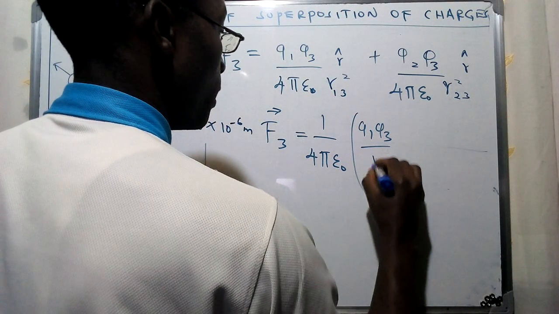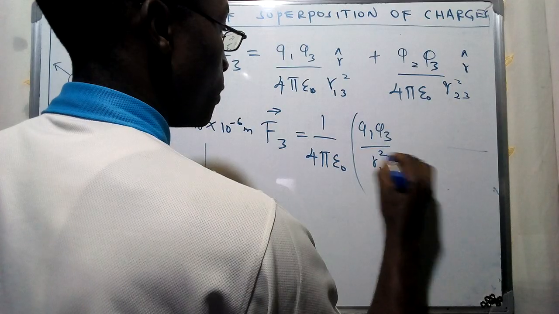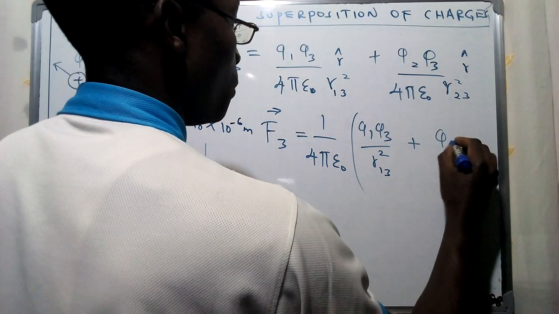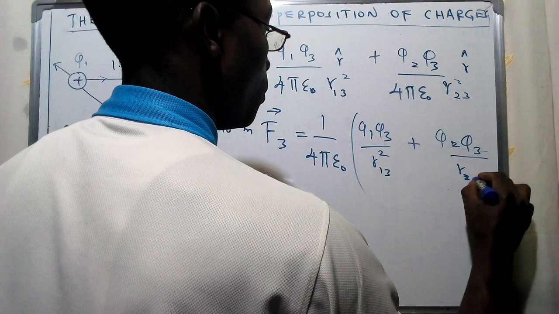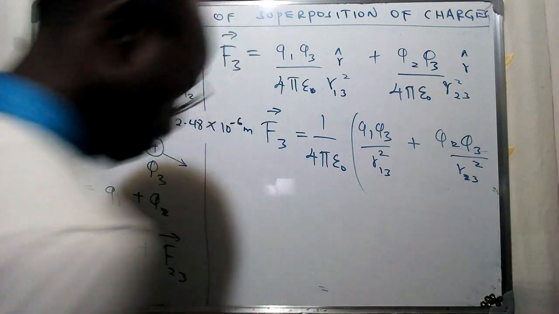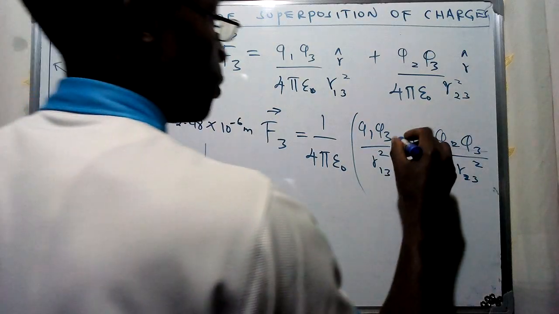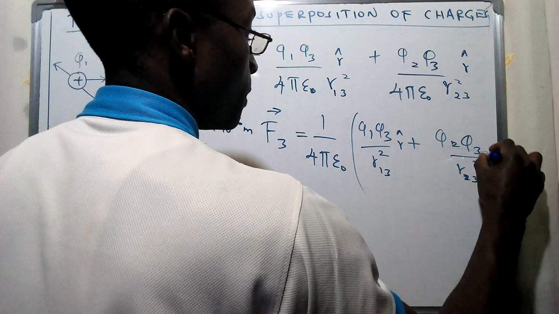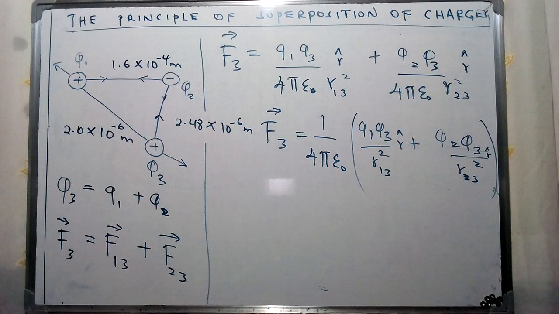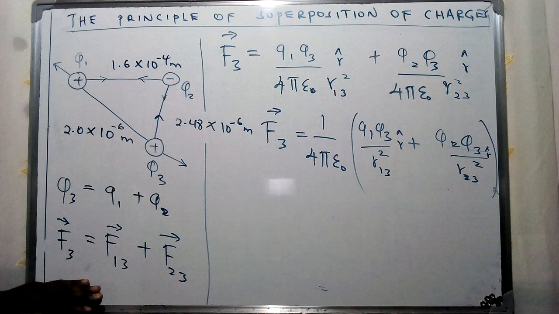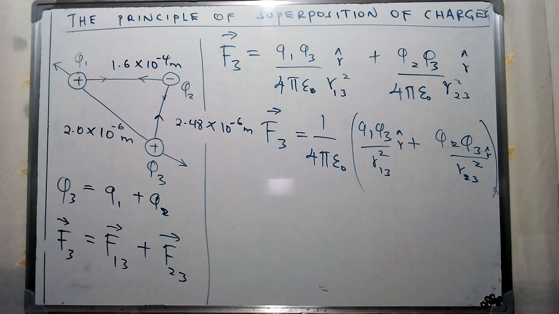So we have R1 on 3 squared, plus Q2, Q3 all over R2 on 3 squared. Then for the two respective representations, the unit vector is given as such. That gives us the force which is going to be experienced by Q3 due to the presence of Q1 and Q2.